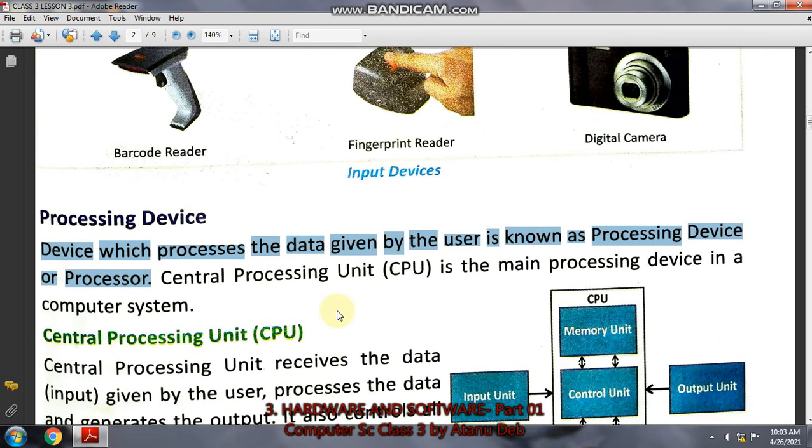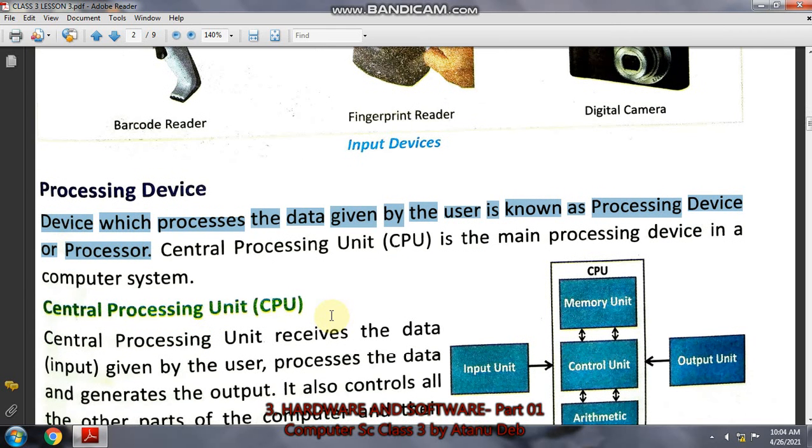The computer processes, that means it calculates, inside the brain of the computer. That is called the processing device, or simply a processor. The full name is Central Processing Unit. So CPU is the main processing device.